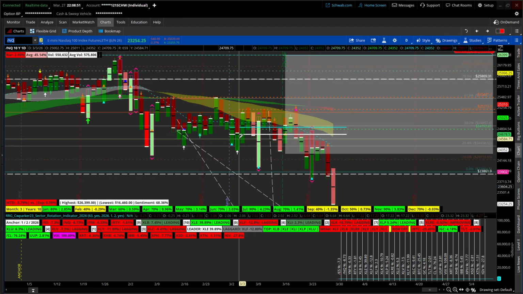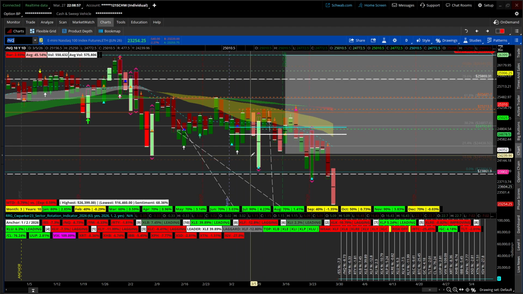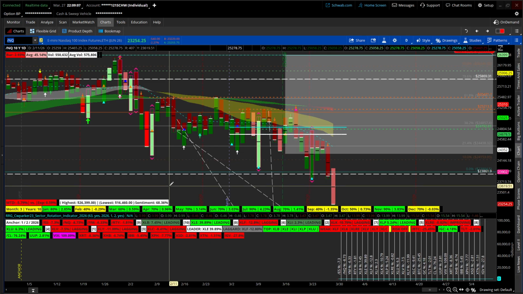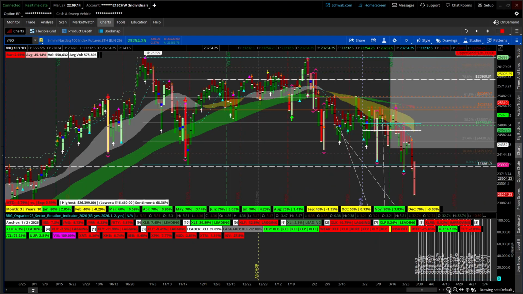And here's our open right here, and here's our cyan line. March is usually stronger: 60% of the time, it's up 0.59% for the last 10 years. But we can see with the market conditions and the global and political disruption, it's down.